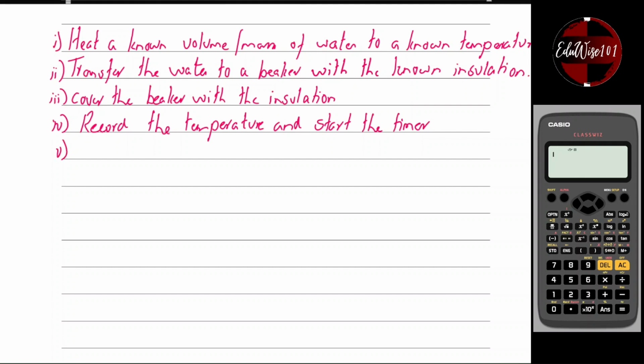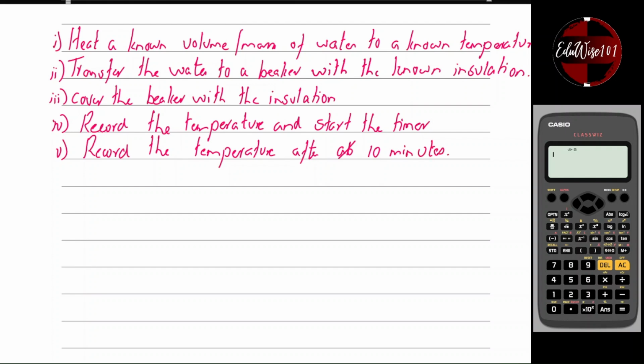Fifth point, record the temperature after 10 minutes.